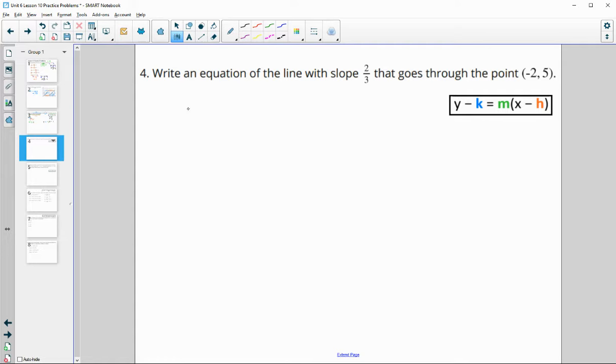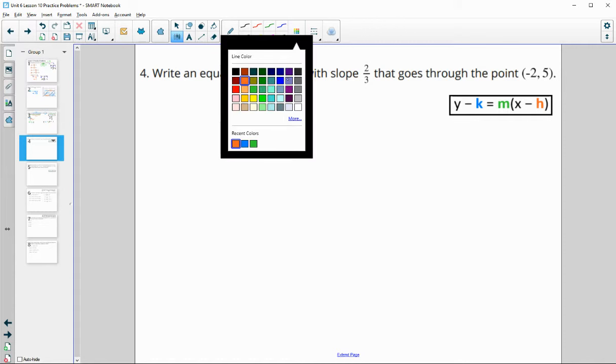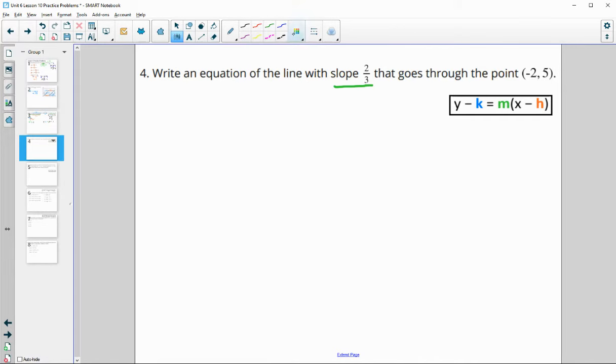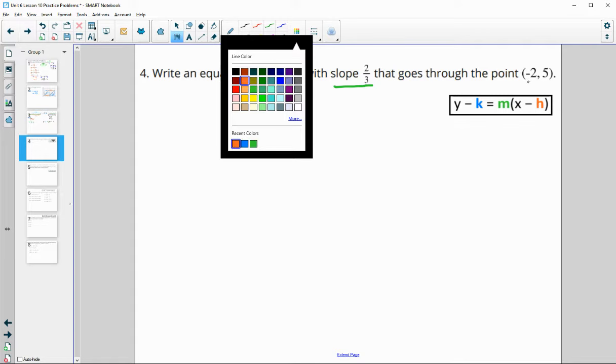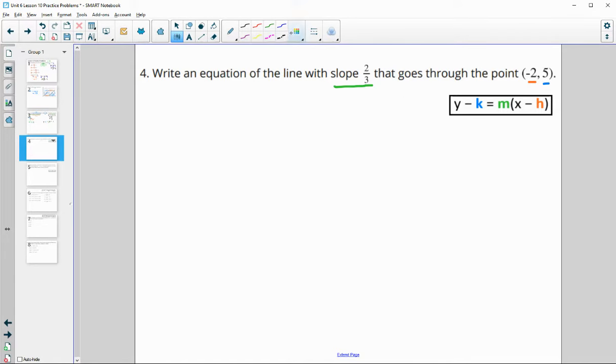All right, then this one, number 4, just gives us a slope. Write the equation of a line with a slope of 2/3 that goes through the point (-2, 5). So we'll just plug all of this into point slope form. y minus the y equals the slope times x minus the x.